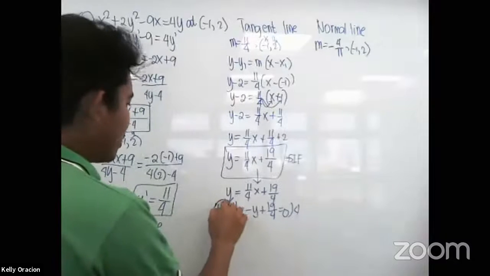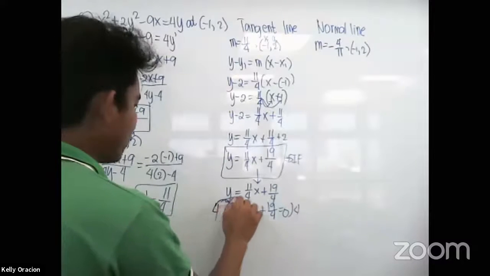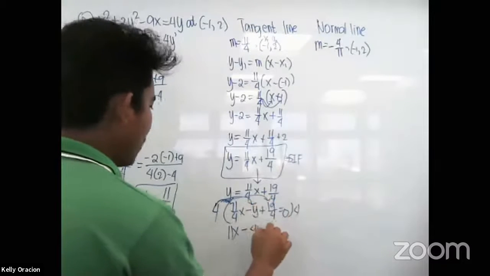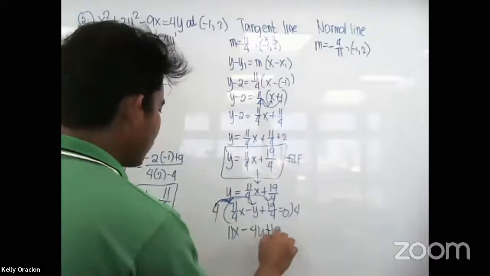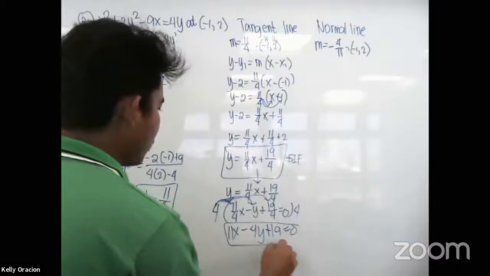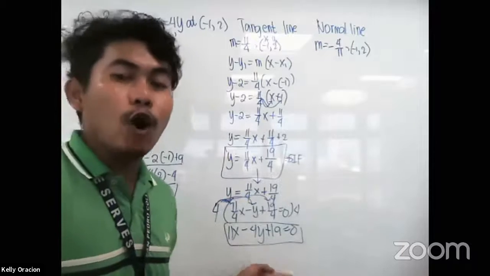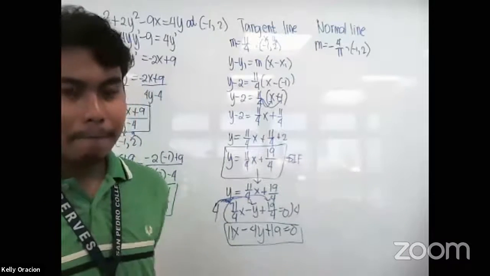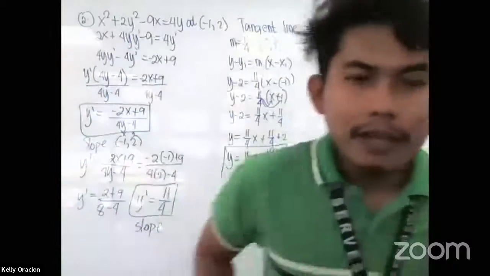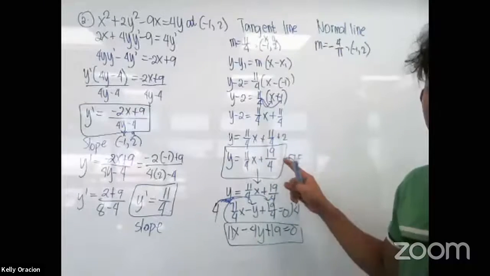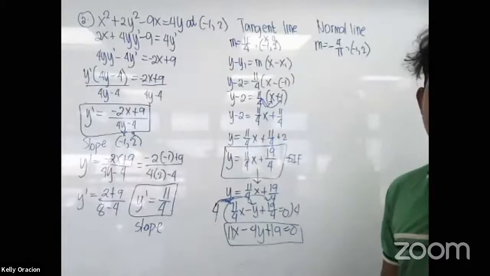So, distribute, that's 11x minus 4y plus 19 is equal to 0. Okay? This is now your answer. So, kailangan whole number din siya. Okay? This is now the general form of this slope-intercept form.